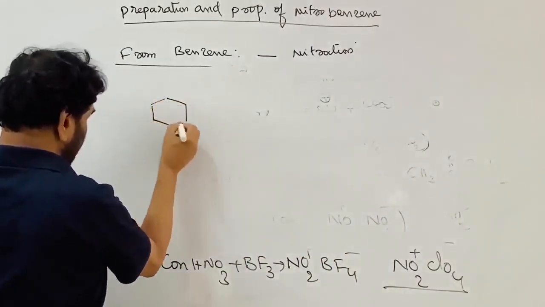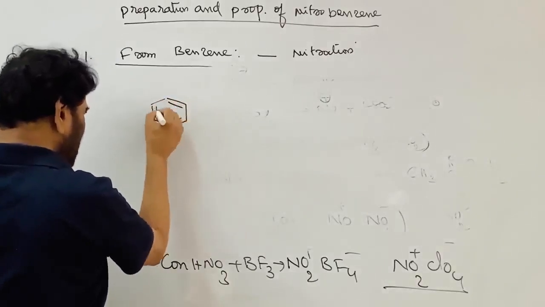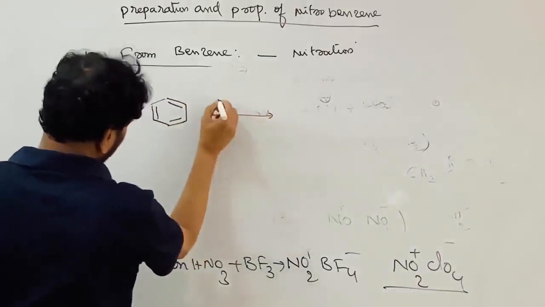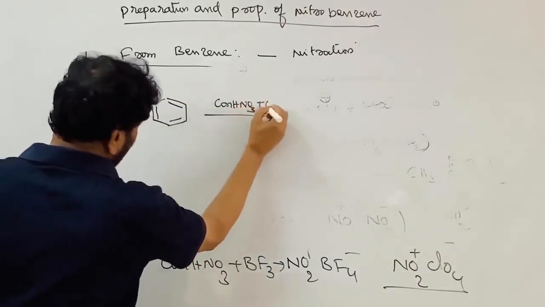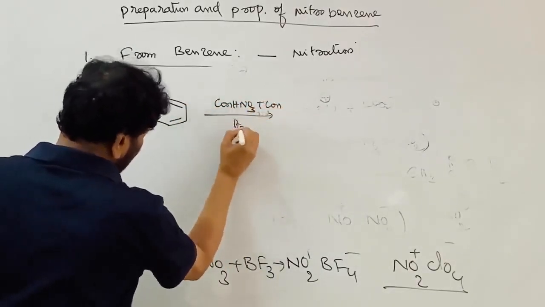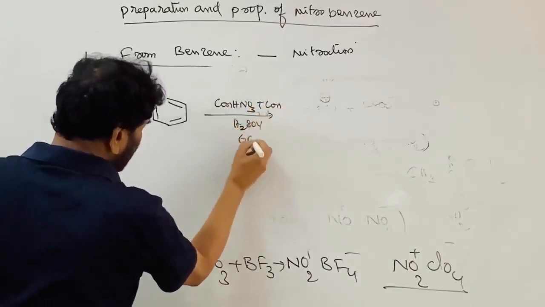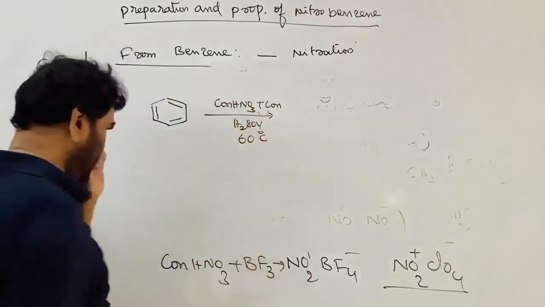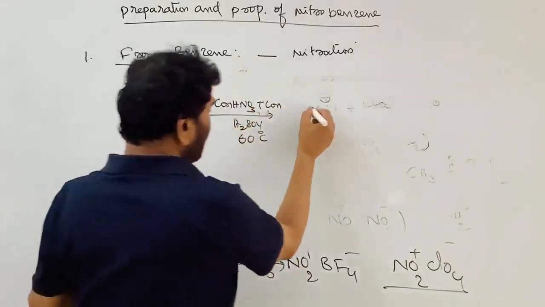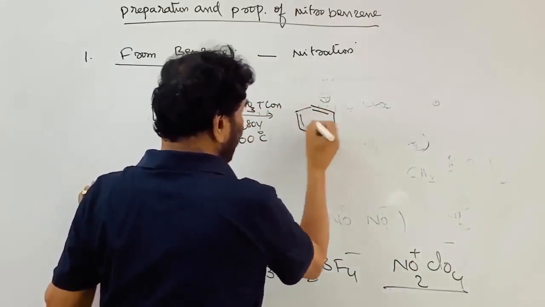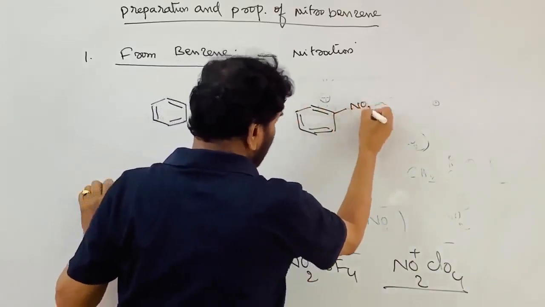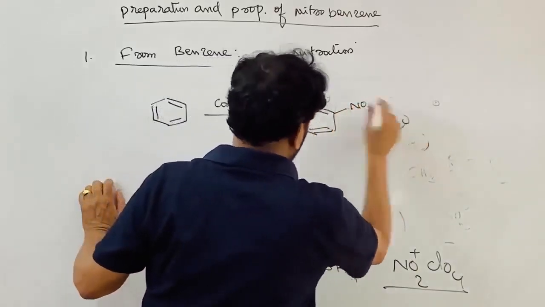Benzene is treated with concentrated HNO3 in the presence of concentrated H2SO4 at around 60 degrees Celsius. Here an electrophilic substitution reaction takes place, and a nitro group is introduced into the molecule, plus H2O.